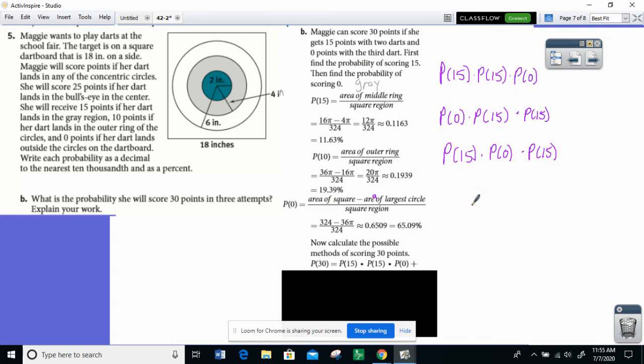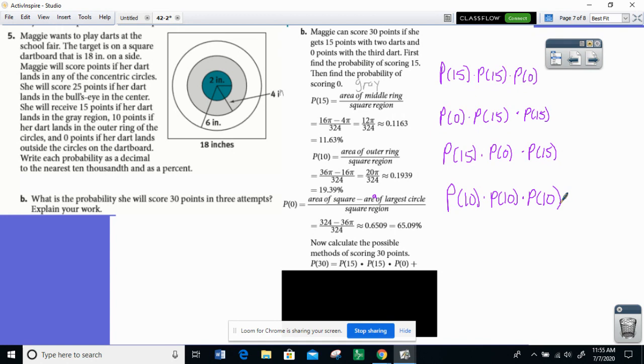Or she can get 10 points 3 times. Those are all the different ways that she can get exactly 30 points in 3 attempts.